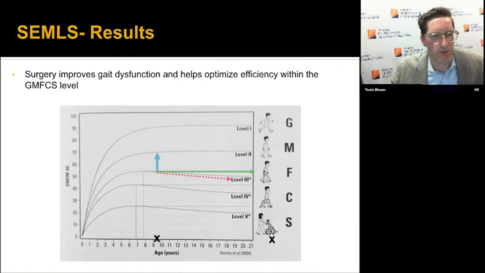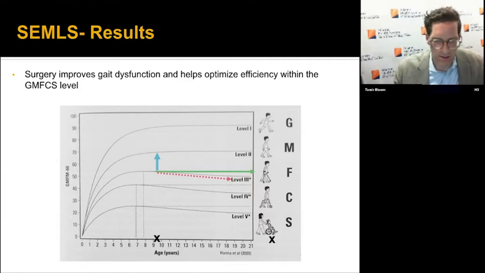So what are the results of our SEMLS interventions? What can we expect as an outcome, and what can we tell our patients and their parents to expect? Well, if you look at the natural history, once a child reaches the end of their first decade, particularly the 3s, 4s, and 5s, the natural history is a decompensation.